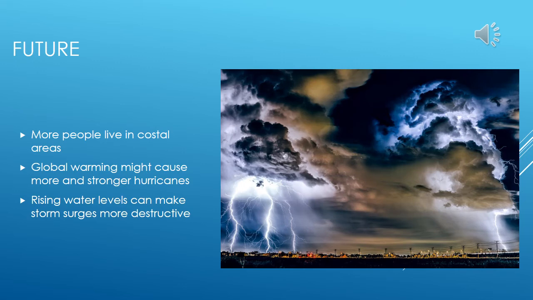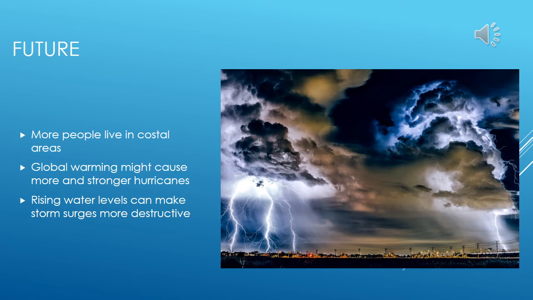So how will this look in the future? Well, we know that more people are settling in cities close to the coast. So we have more people living there, and that is more people who can get affected by the wind and the storm surge.